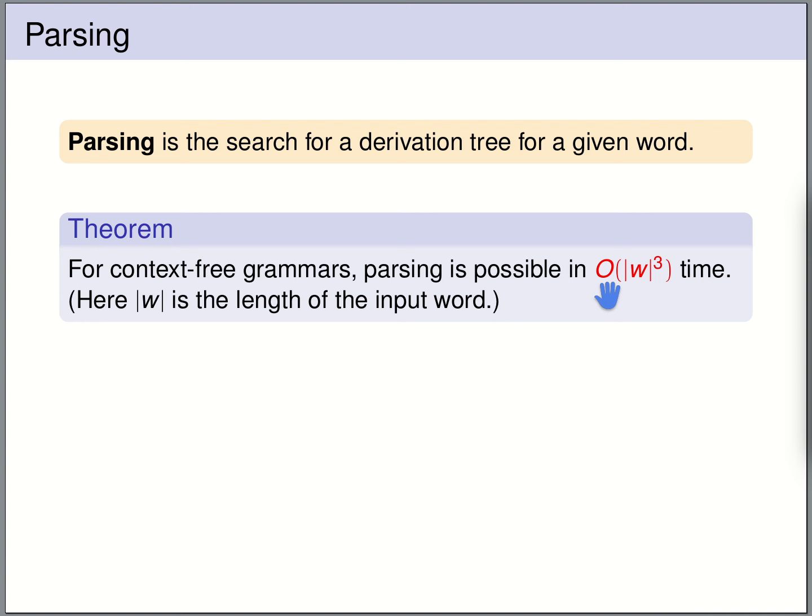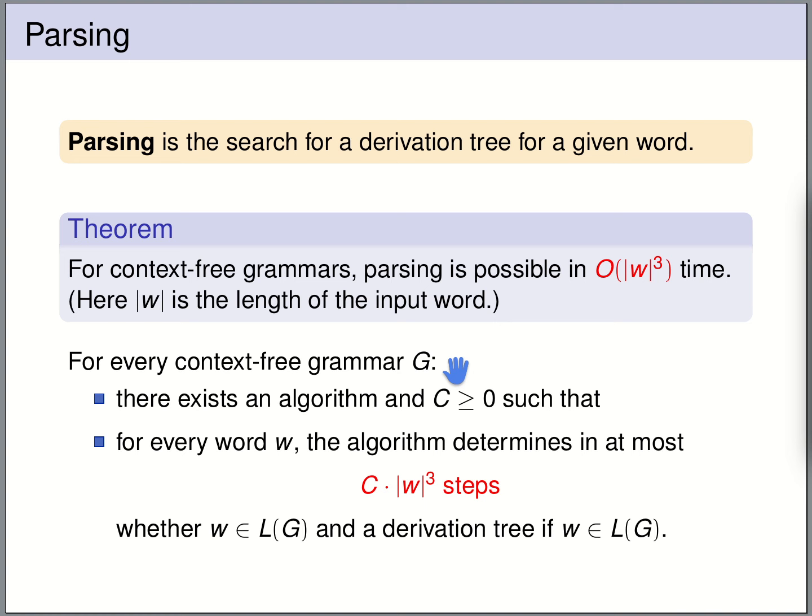This big O notation roughly means that this is the number of steps needed to parse modulo some constant factor. So to be more precise, it means that for every context-free grammar G, there exists a parsing algorithm and a constant C, such that every input word can be parsed in at most C times the length of the input word to the power 3 steps.